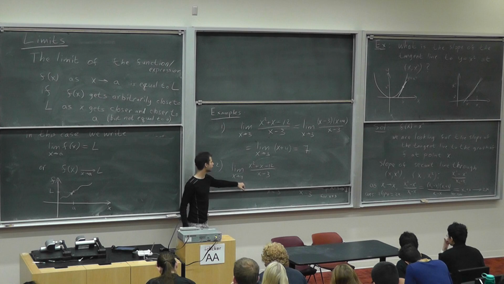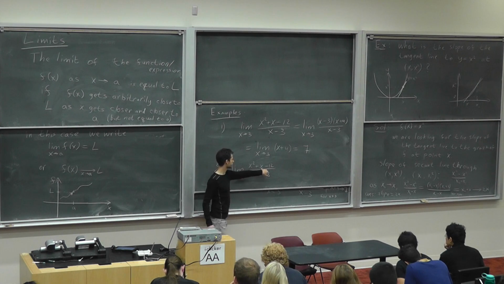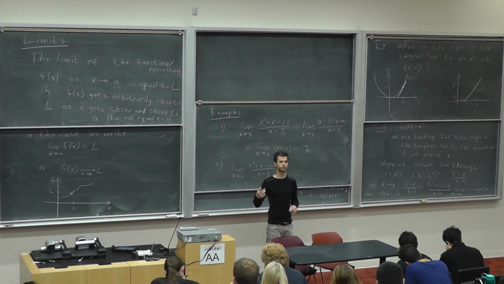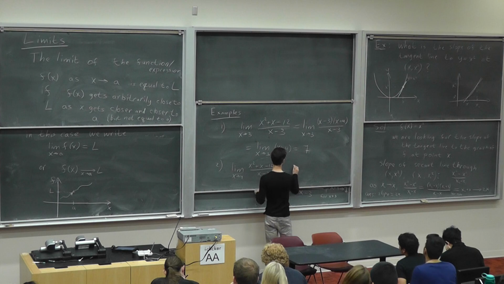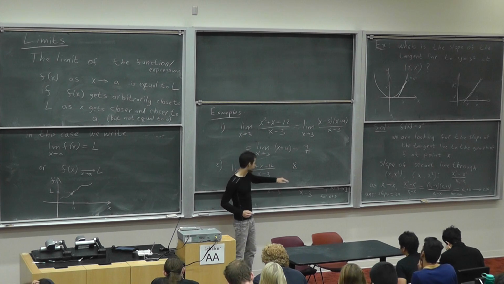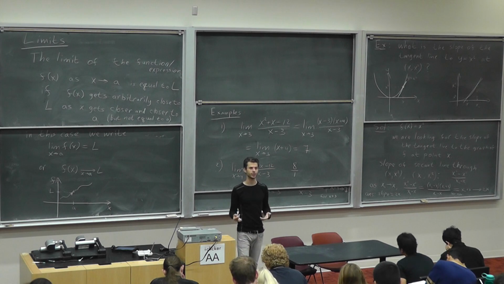When x is close to 4, the numerator is close to what? 4 squared plus 4 minus 12. So 16 plus 4 minus 12, 8. The numerator is close to 8. The denominator is close to 1 because it's close to 4 minus 3.